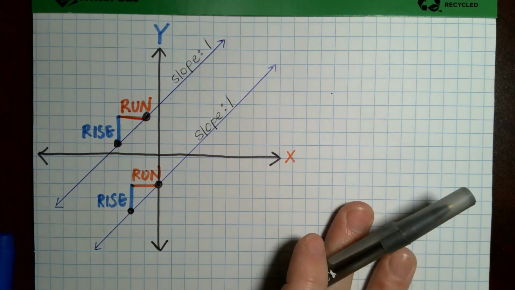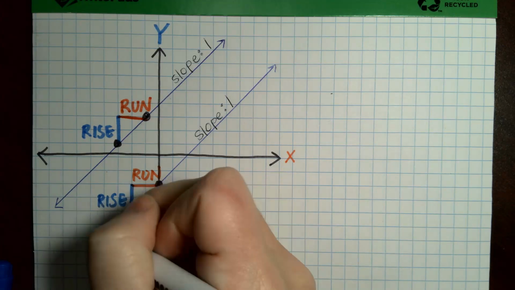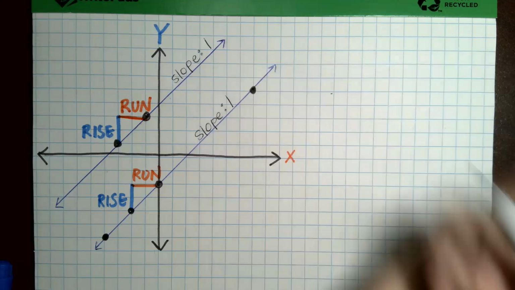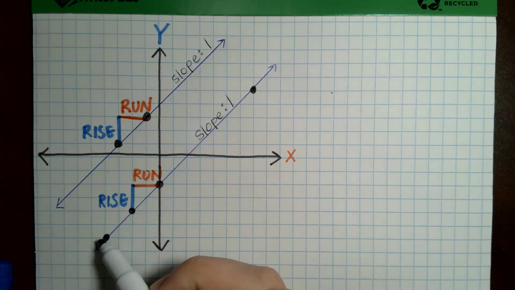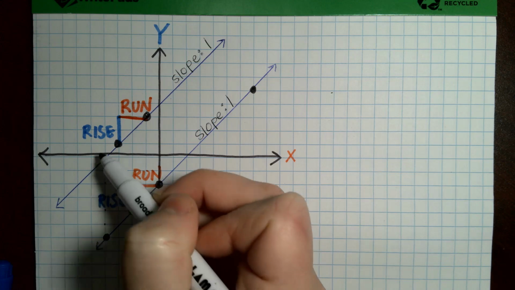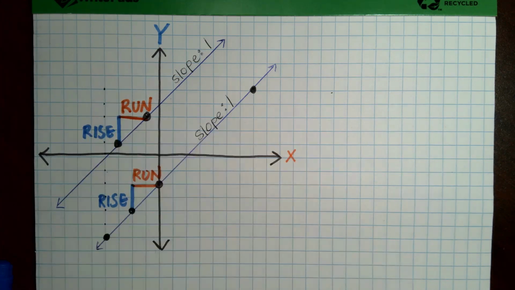Okay, so what if the tops are in a different place on the bottom, like if I had one here and here. Well, we do the same thing. Rise would be 1, 2, 3, 4, 5, 6, 7, 8, 9, 10, 11.